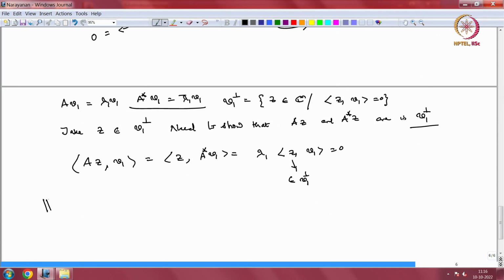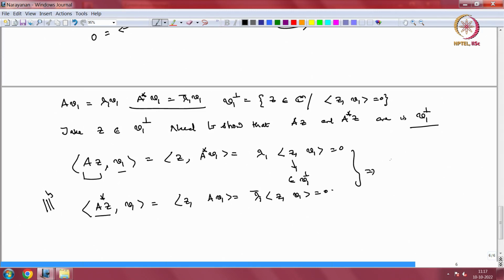Similarly, A star Z inner product with V1 is equal to Z inner product with A V1. A V1 is lambda 1 V1, it comes out as lambda 1 bar because it is coming from the right hand side, Z V1, and this is 0, right. So, A z inner product with V1 is 0, and A star Z inner product with V1 is also 0, right.